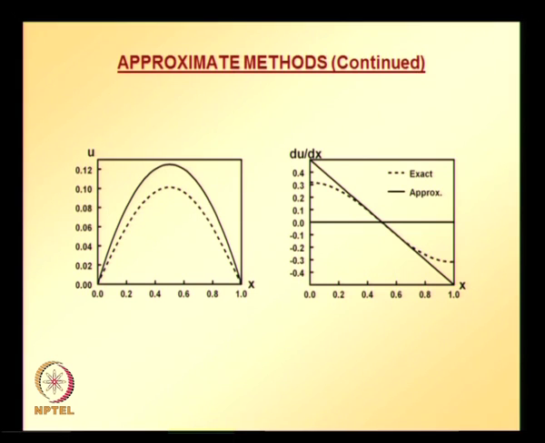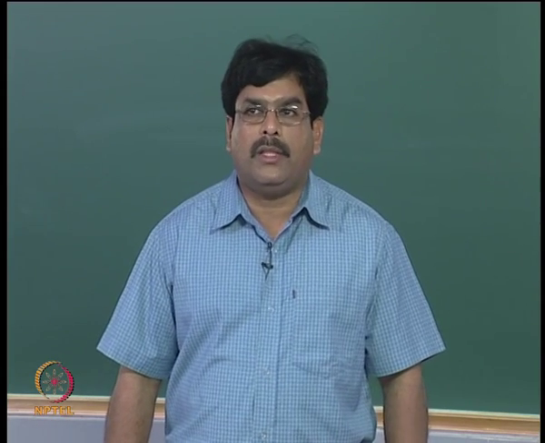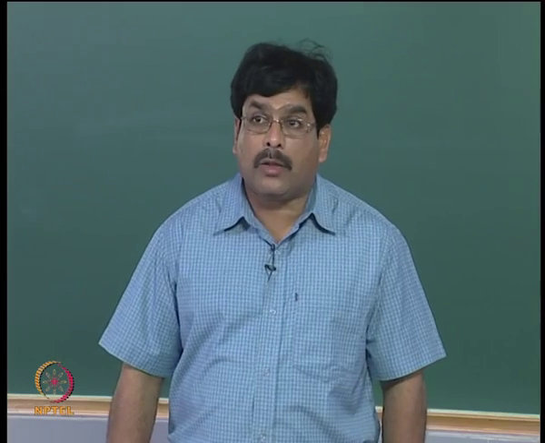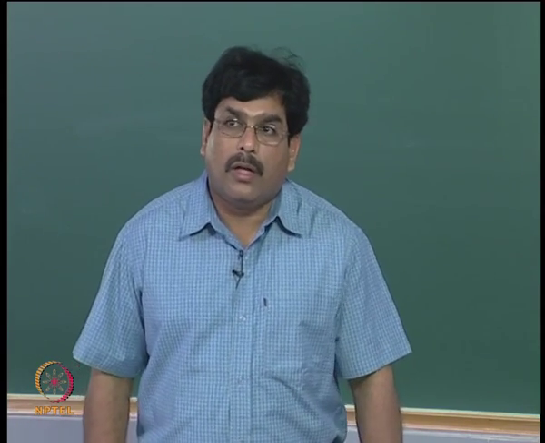And please note that this is the solution that we obtained using collocation method by starting with a quadratic trial solution and choosing collocation point as 0.5. If somebody is choosing a different collocation point, you are going to get a different solution and accuracy may also be different. So, that is one of the limitations.